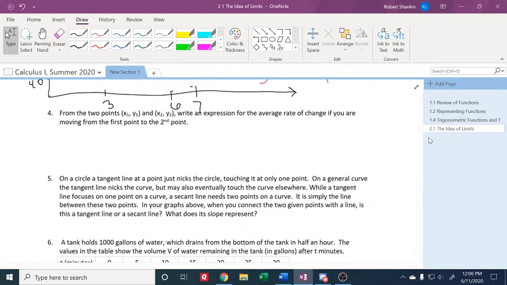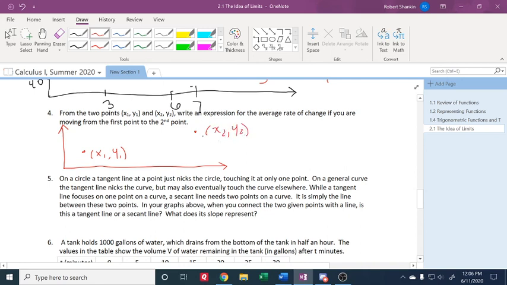All right, so now number 4. From 2 points, and let's put this down. Suppose I have one point being here, which its coordinates are x1, y1, and a second point here, and its coordinates are x2, y2.